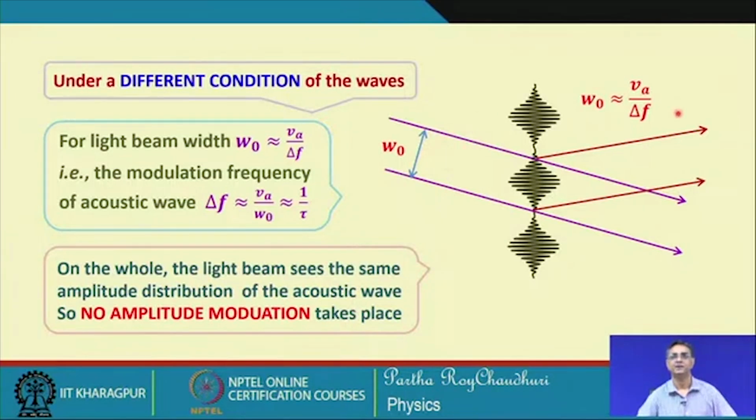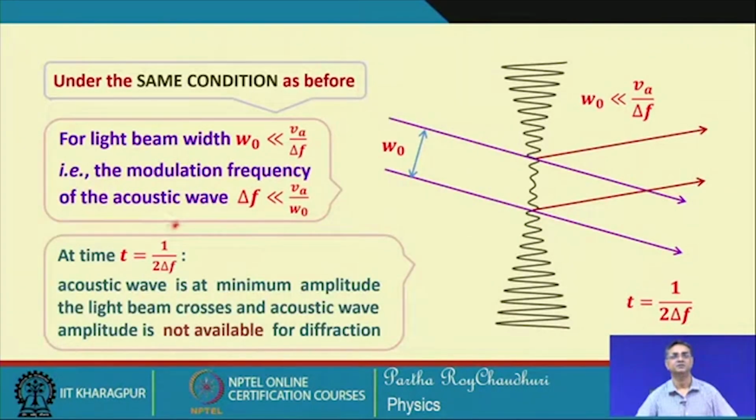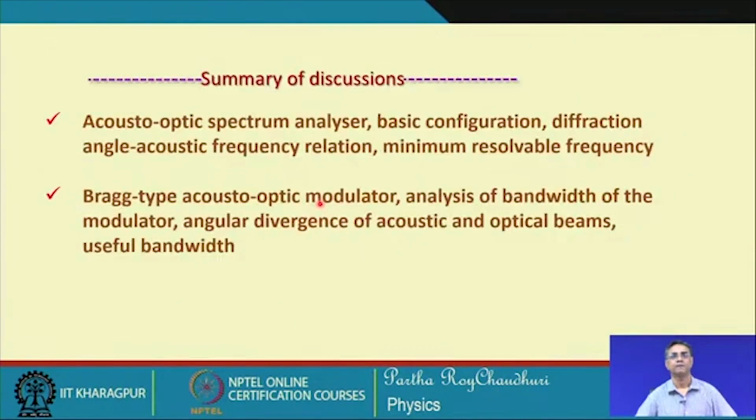Therefore, this amplitude modulation condition is completely decided by this condition. So, that is how amplitude modulation of the optical beam can be accomplished by an acousto-optic modulator.